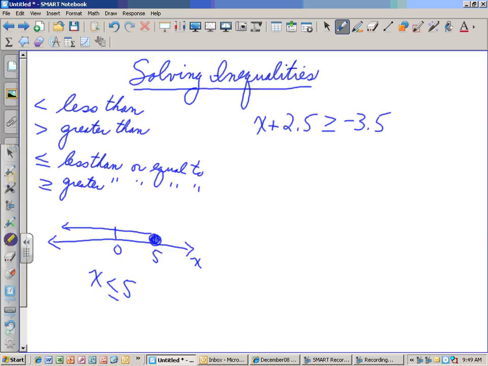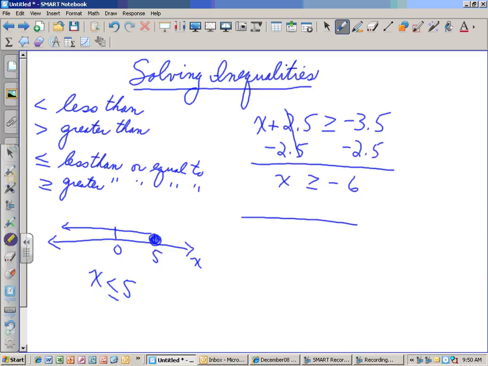What would you have to do? Yeah, Sydney? Minus 2.5 from this side and minus 2.5 from the right side. Nothing really changes from what we're going to do today. The 2.5 and negative 2.5 cancel each other out. And so x is greater than or equal to negative 6. Negative 3.5 minus 2.5.